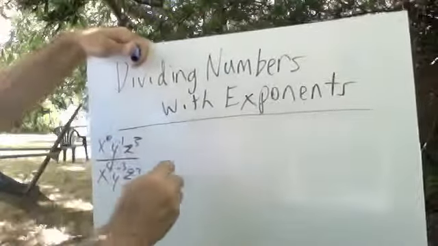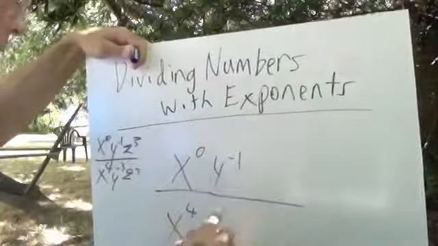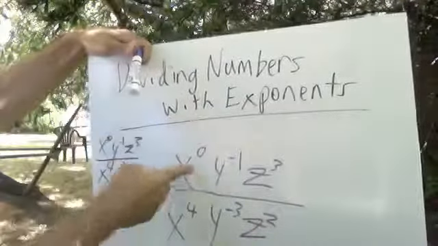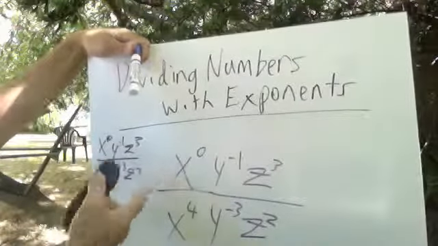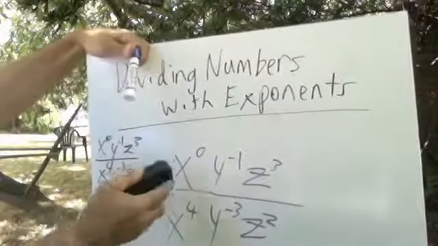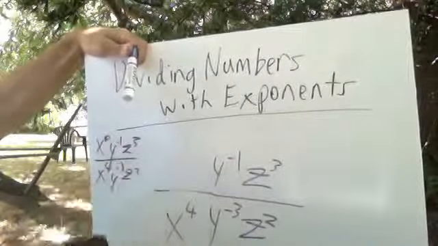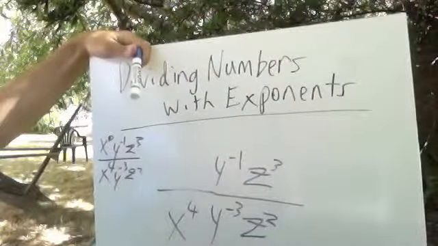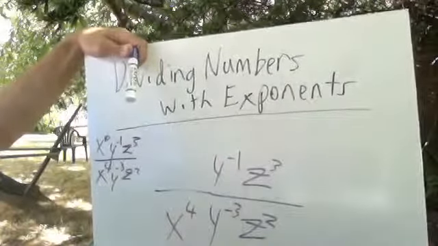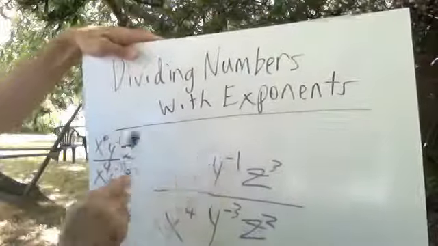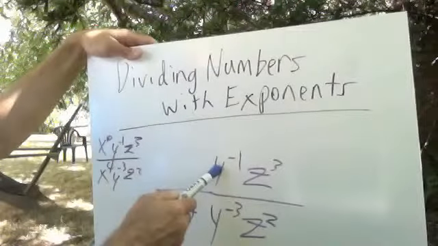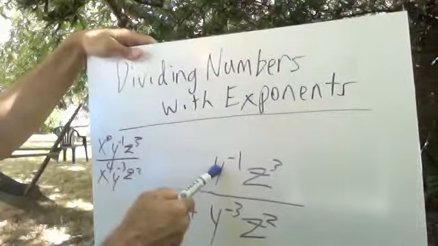Another way to think about it. Let's write it over one more time. Okay. I'm going to start again by just getting rid of the x to the 0. Okay? And I'll leave the x to the 4th down below. Now, a negative exponent, remember, that can be the reciprocal of the positive exponent.